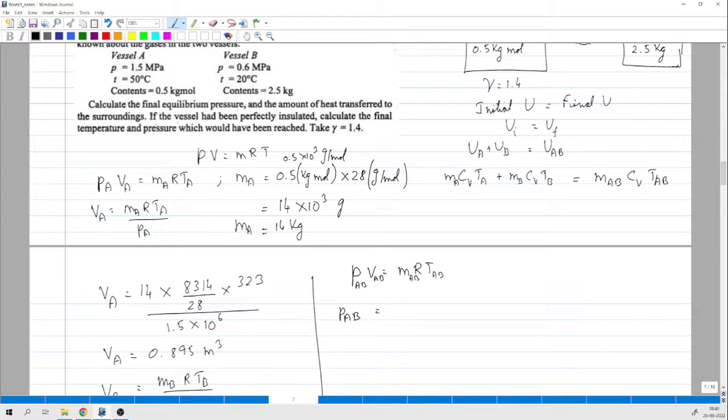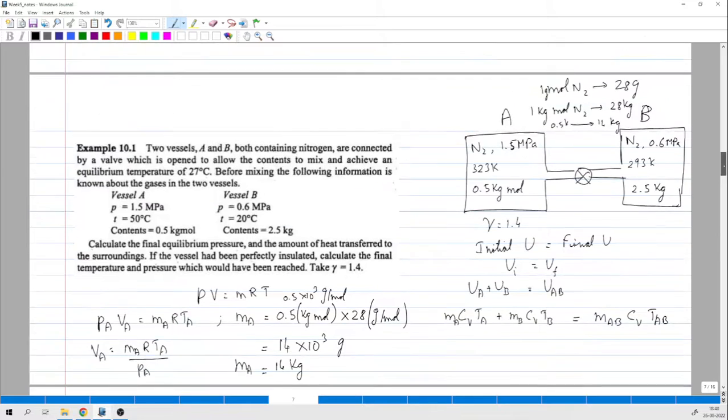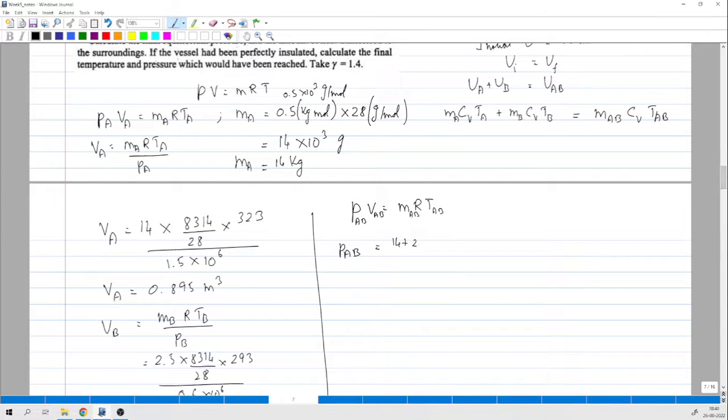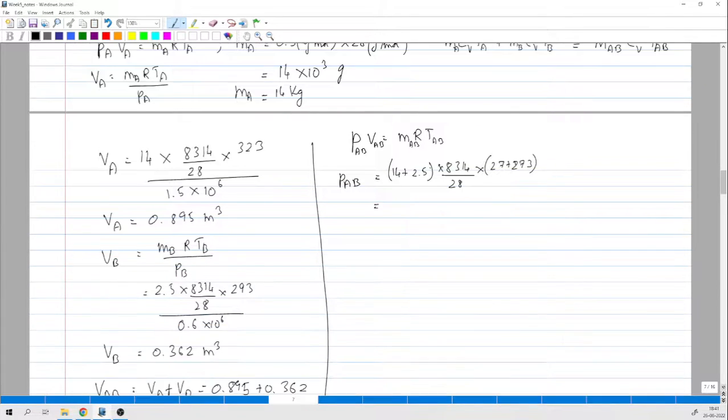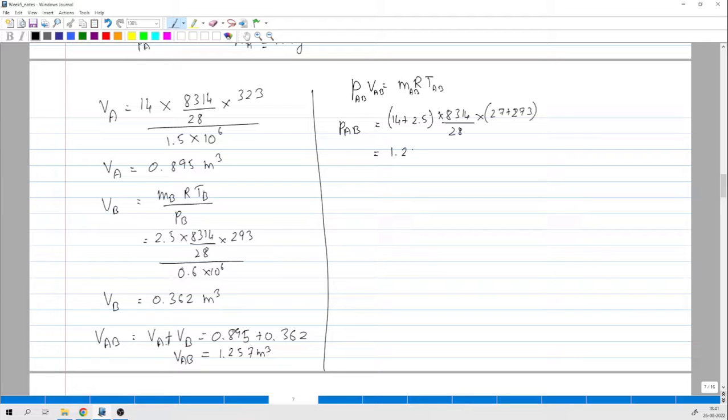So the total mass is 14 plus 2.5, into R, which is 8314 by 28, into TAB, which is 27 plus 273 Kelvin, which is 300 Kelvin, divided by the final volume. The final volume is the total volume VA plus VB, which is 1.257 in the denominator.